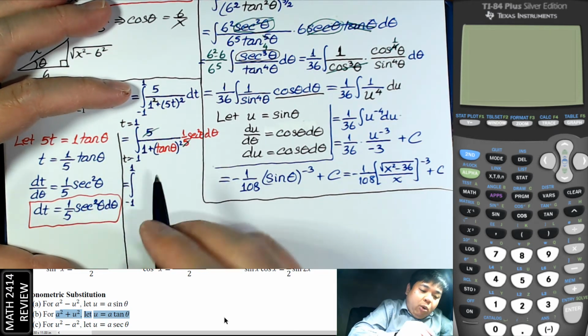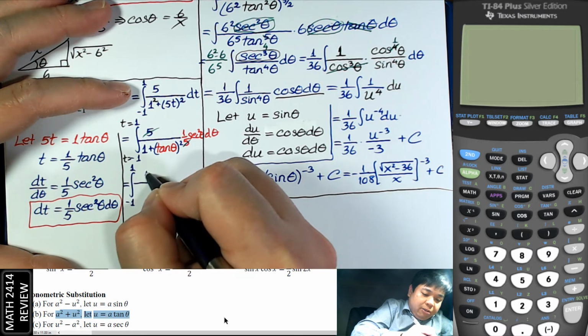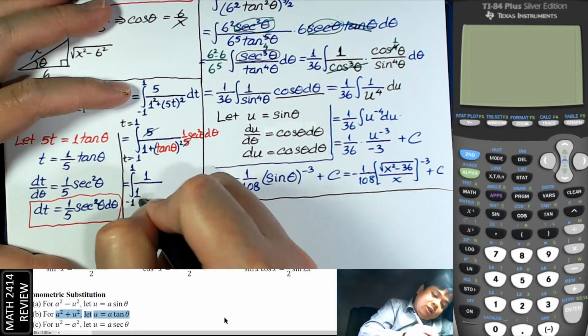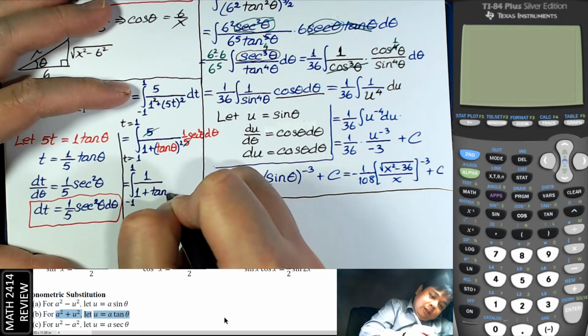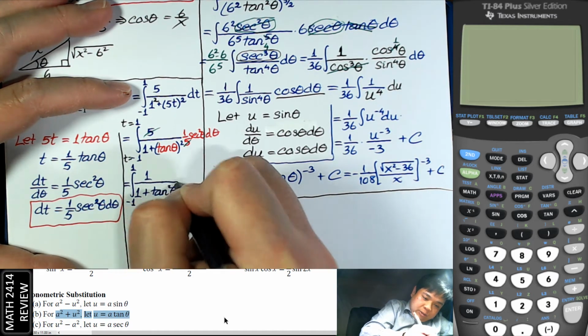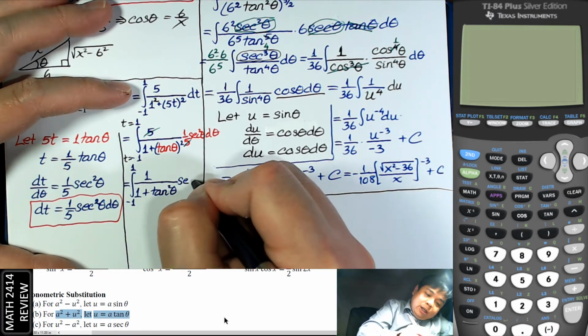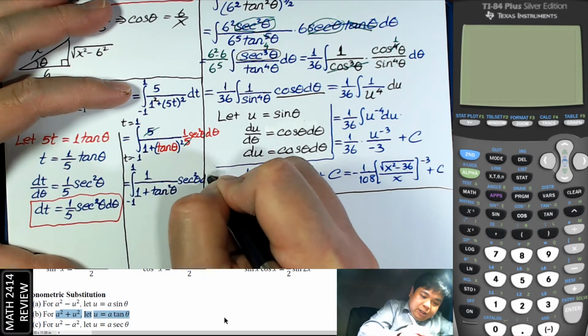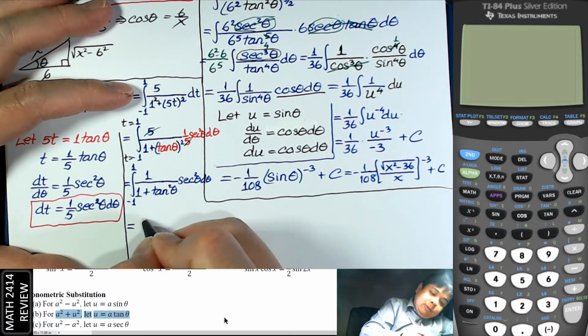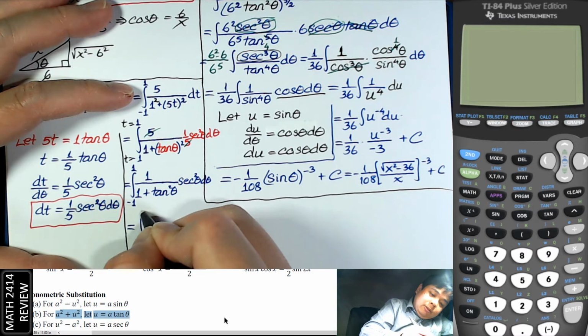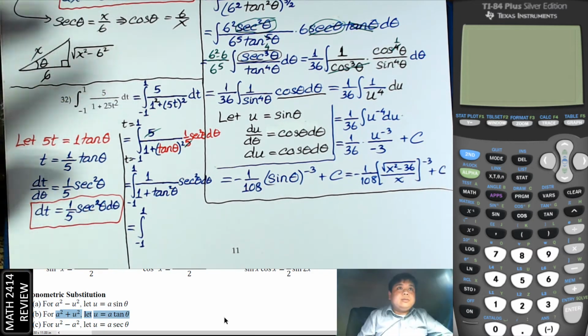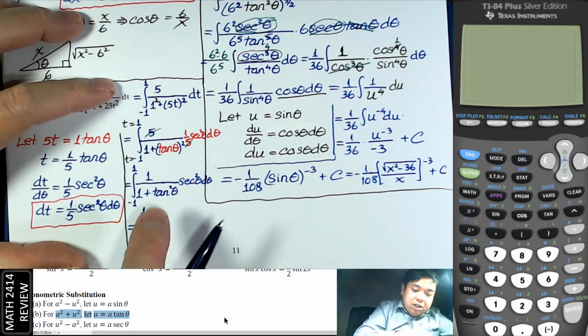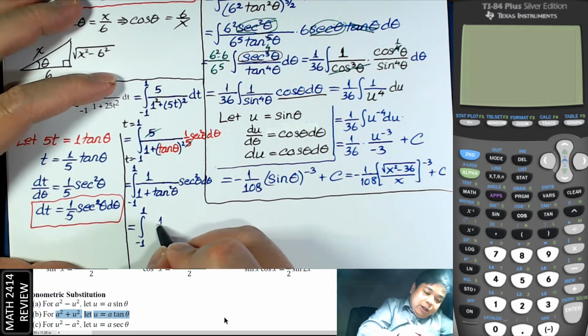Here we just have 1 on the top, and at the bottom 1 plus tangent square. And then we have secant square d theta. Right, 1 plus tangent square is secant square.